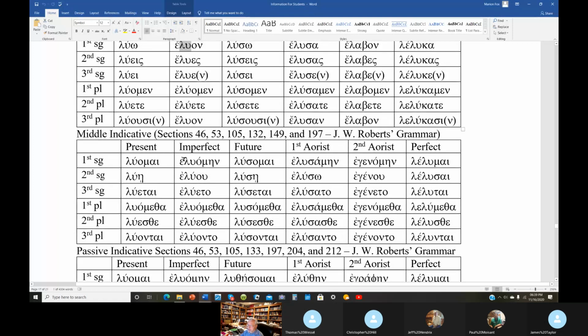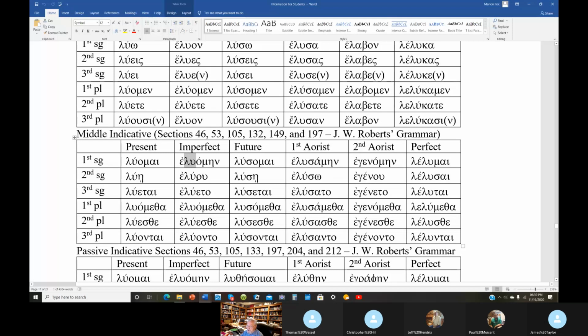Now come down here, there's your stem again. We put an augment on the front of it. Now understand the augment may become an eta depending on what letter we started the stem with. But in this case, we have a consonant, so it's an epsilon. Then omain, u, eto, omatha, esse, onto. That will be your middle.